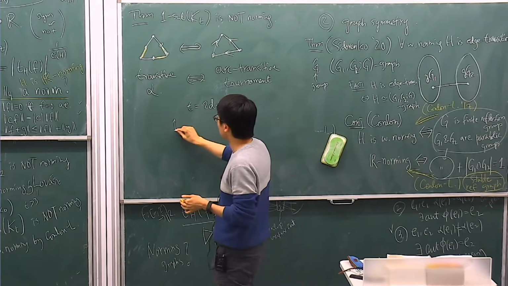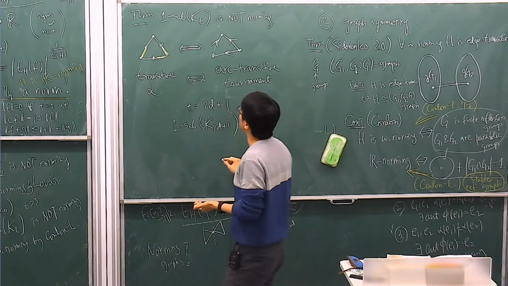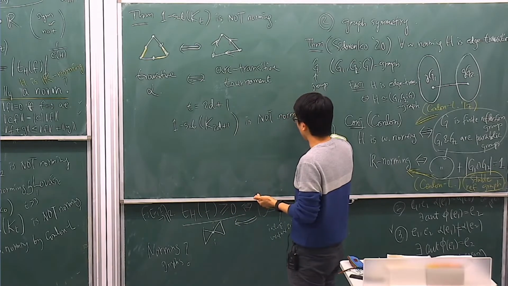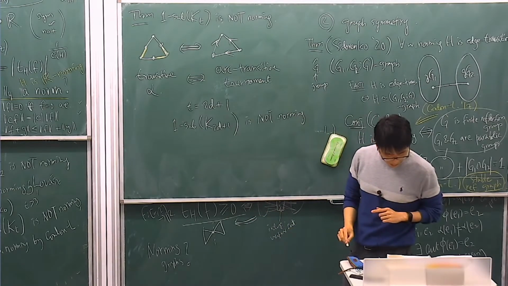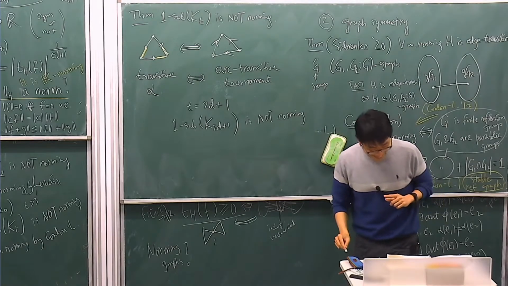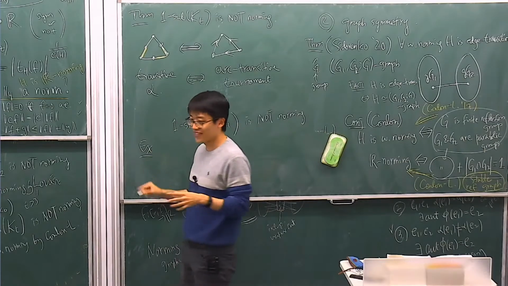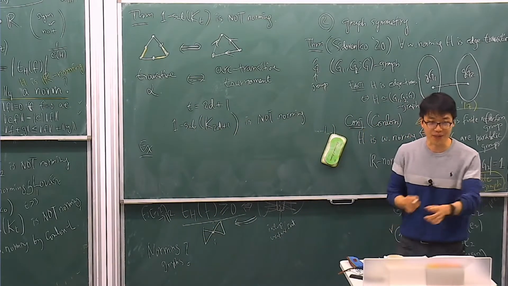So it's enough to prove that this is not norming. I prepared quite a bit, but let me just give you one exercise for your students, say for an undergrad graph theory course.